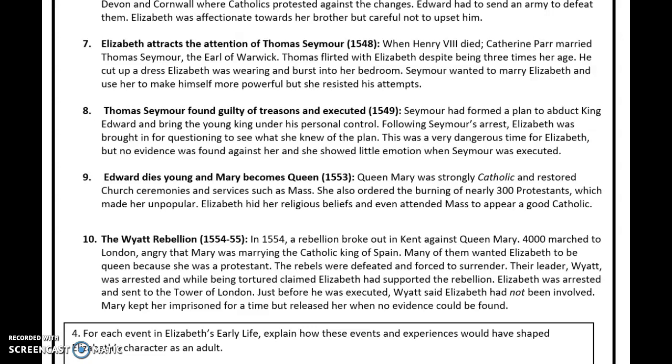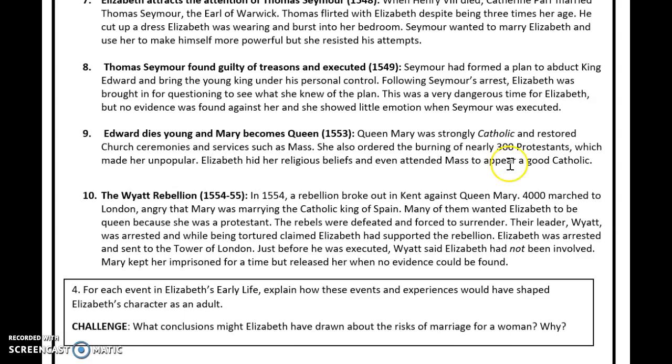As you go, have a think about how the events shape her future character. When you have done that, I would like you to address question 4 in your exercise book. So for each event that you have read, explain how these experiences would have shaped Elizabeth's character as an adult.